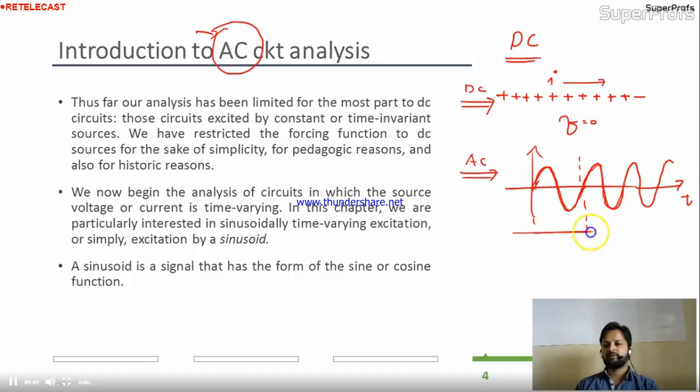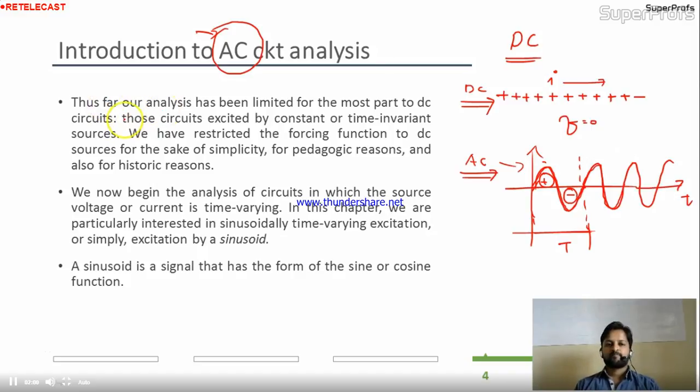We'll talk about this later, but this is the graph for AC. This is the nature of AC: in the time period it will change its sign or magnitude. Sometimes it will be positive and then negative.